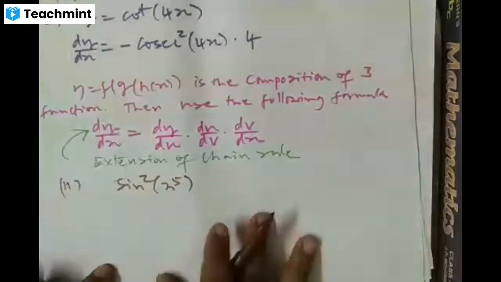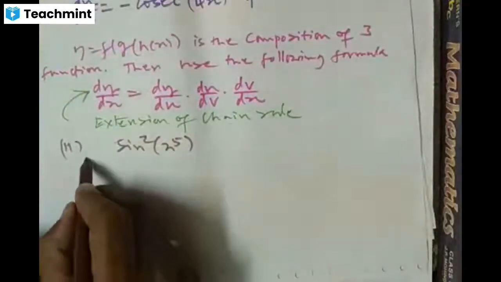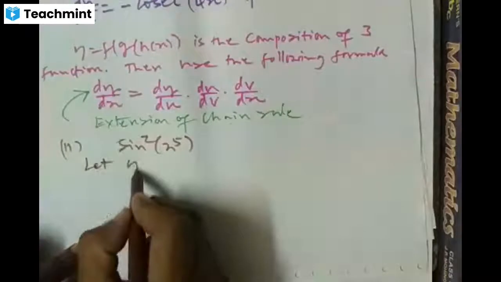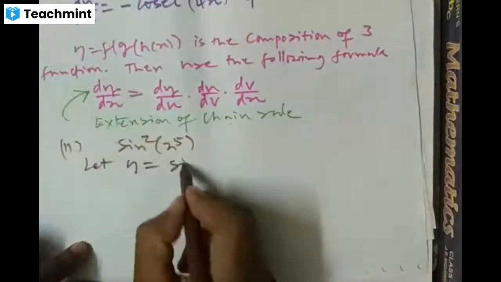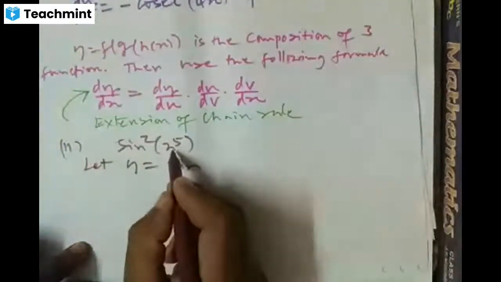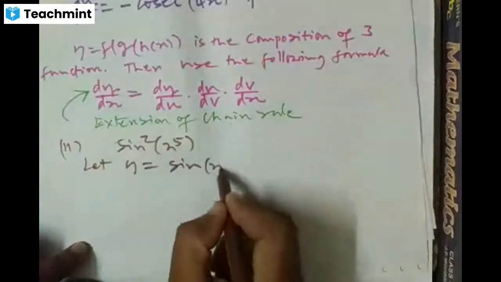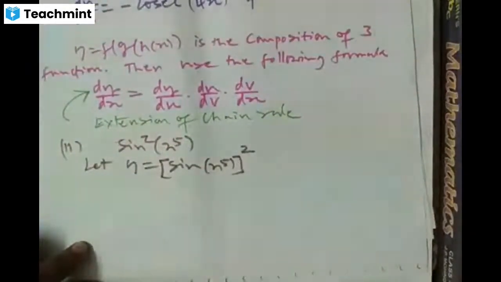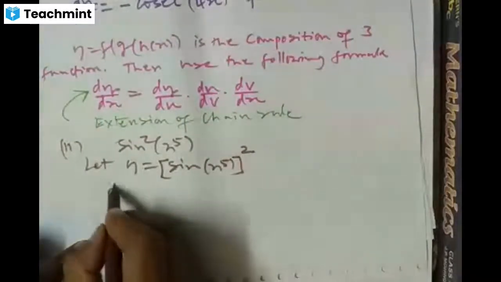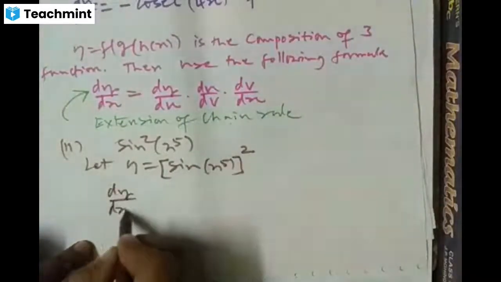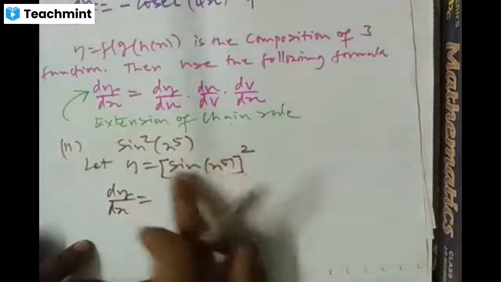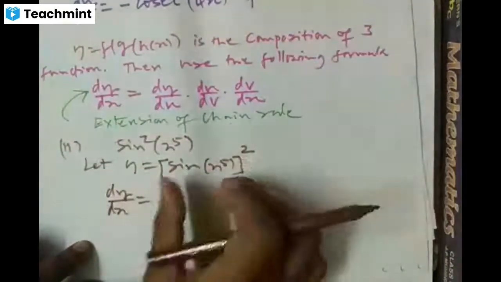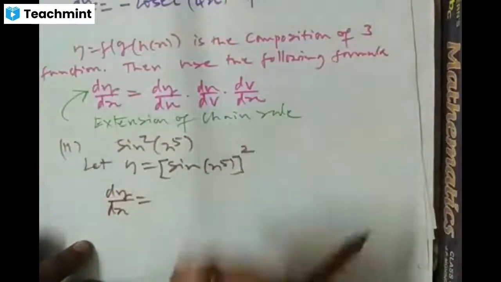So I will write it directly. First, let us take the given function as y. Let y be equal to sine square of x power 5, which can be written as sine of x power 5 whole square. Correct? And now dy by dx is equal to, see, assume this as x square. Isn't this something like u square?